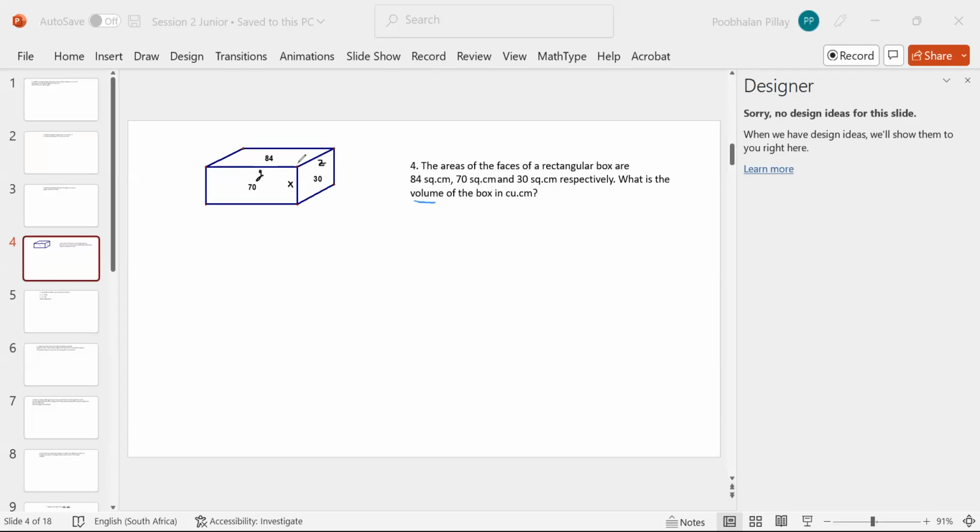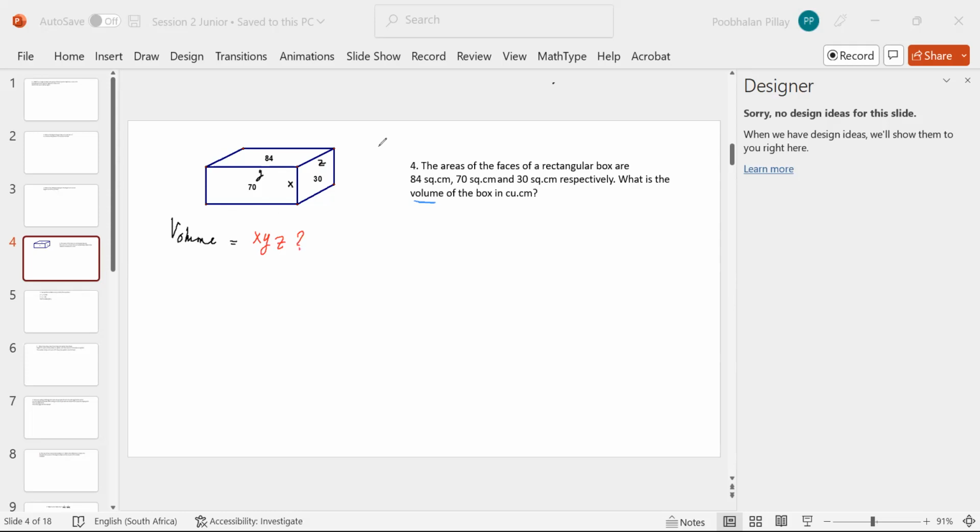So if this is x, that is y, that is z, what we need to find is the product of length times breadth times height, which is xyz. So what is this? That is the question.